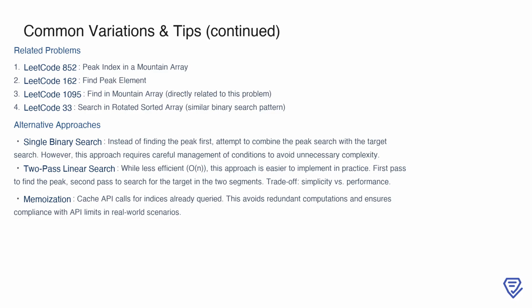While this approach is less efficient at O(n), it's simpler to implement and can be a good starting point for beginners. Lastly, memoization is an excellent optimization technique in this context. By caching the results of API calls for indices that you've already queried, you can avoid redundant computations and ensure that you stay within the API call limits, making your solution both faster and more reliable.